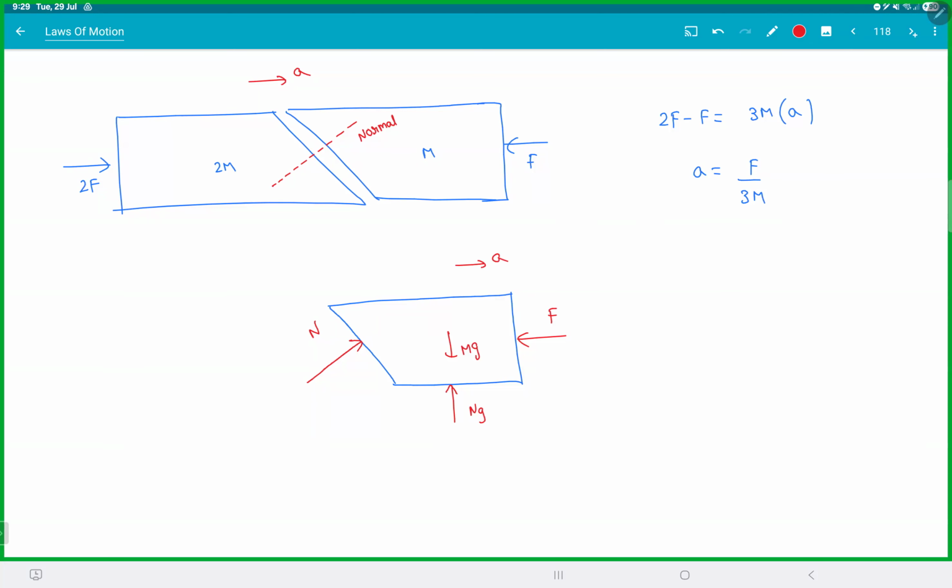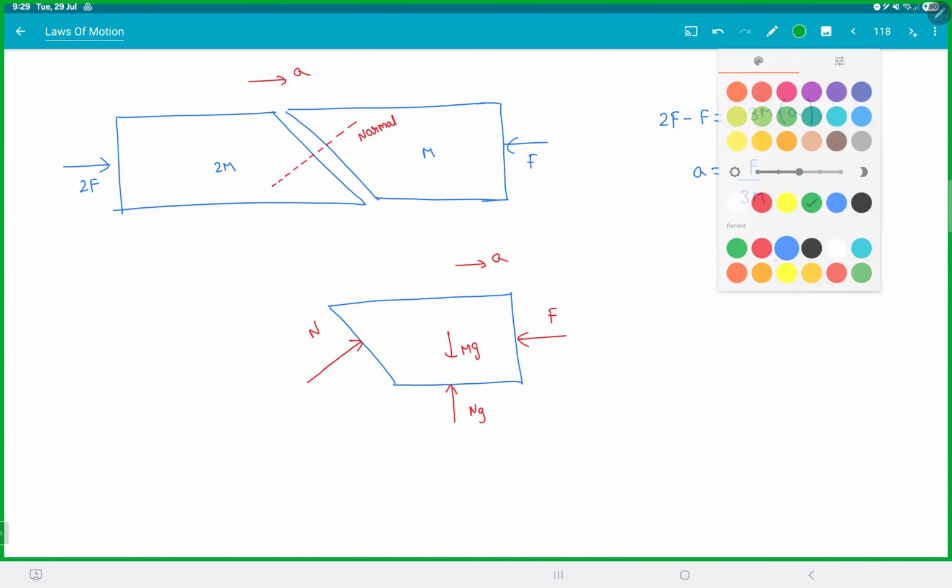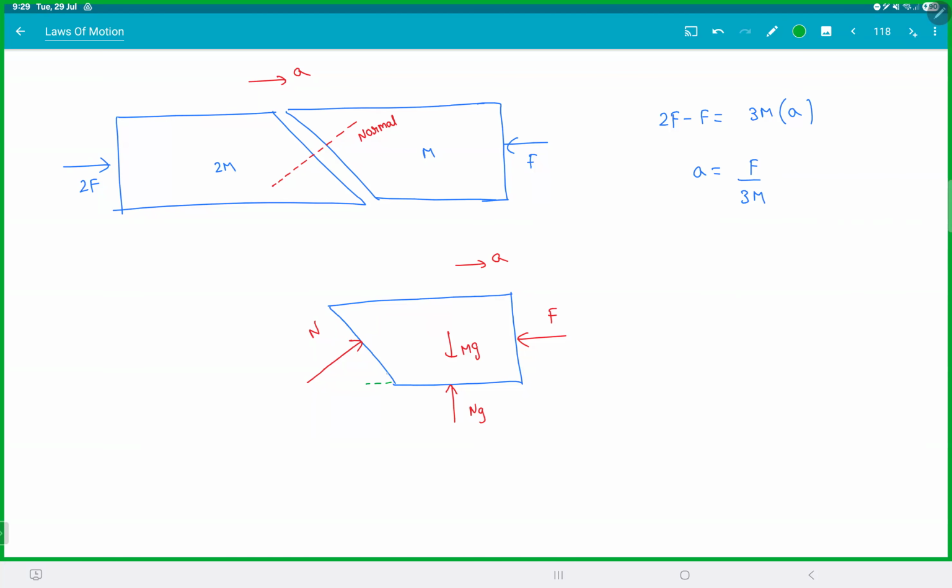And you're having acceleration a. This angle is theta. This is 90 degrees. So this angle will be 90 minus theta. So if you take N's components, this will be N cos(90 minus theta), that will be N sin theta horizontally. N sin(90 minus theta), N cos theta vertically. These are your components.